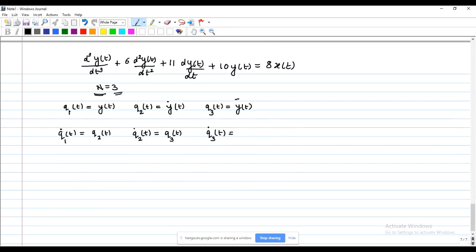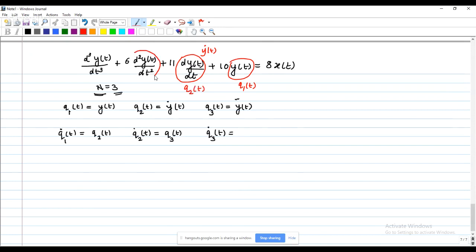So when I wanted q3 dot (t), let us go and check over here our assumptions. This quantity, that is y(t), is assumed to be the q1(t) state. This is our y dot (t), so y dot (t) is q2(t).